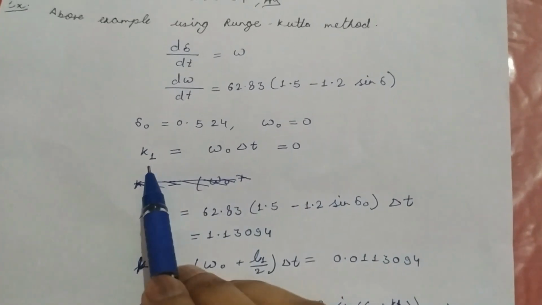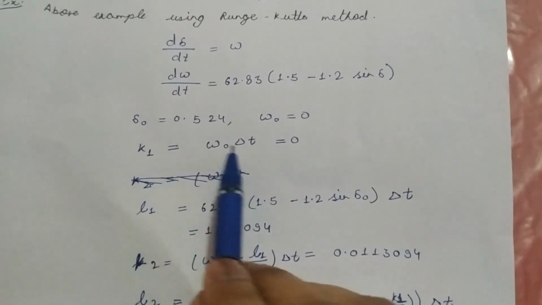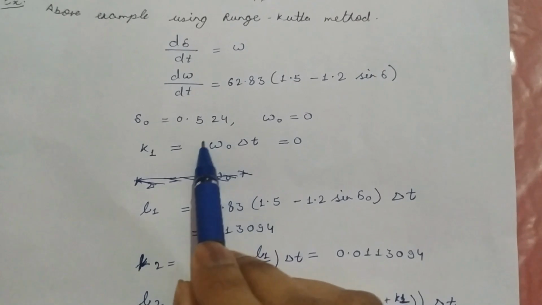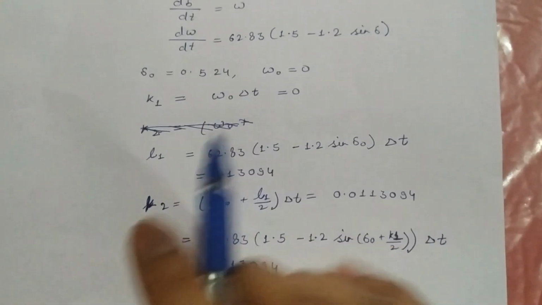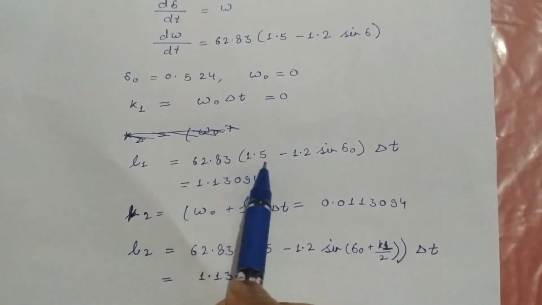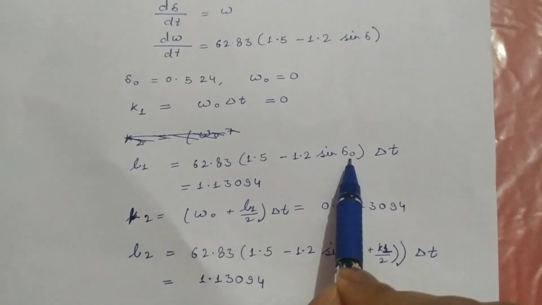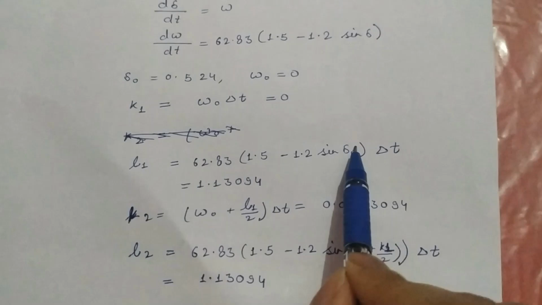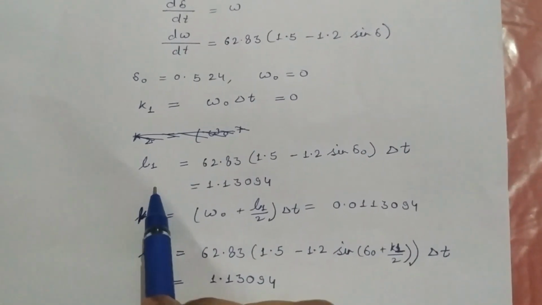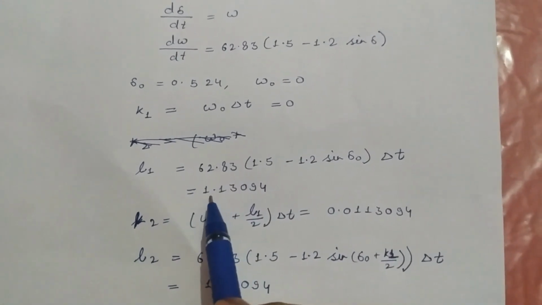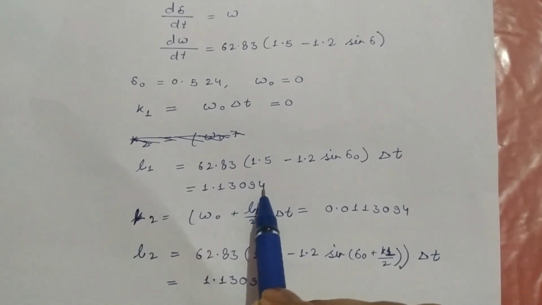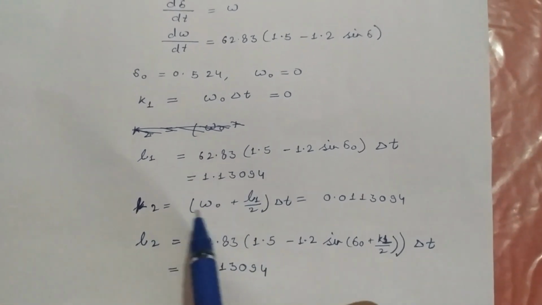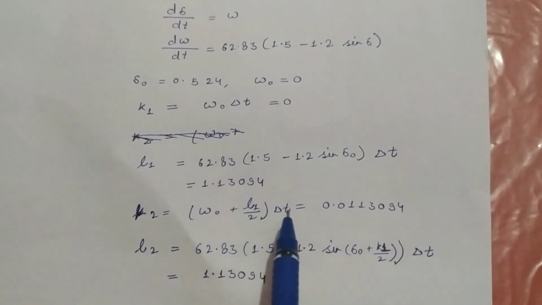Using Runge-Kutta method we know that K1 is equal to omega naught del T, and since omega naught is equal to 0, K1 is equal to 0, and L1 is equal to 62.83 into 1.5 minus 1.2 sine delta naught, into del T. If we put the value of delta naught and del T, we get the value of L1 as equal to 1.13094, and we know K2 is equal to omega naught plus L1 by 2 into delta T.